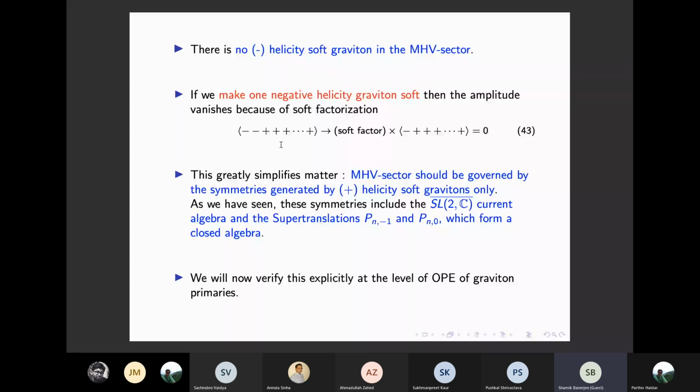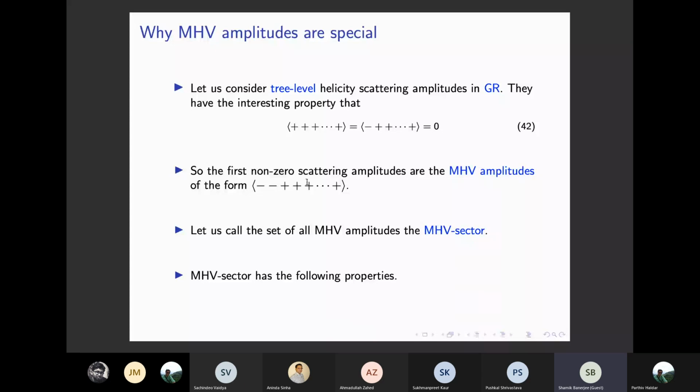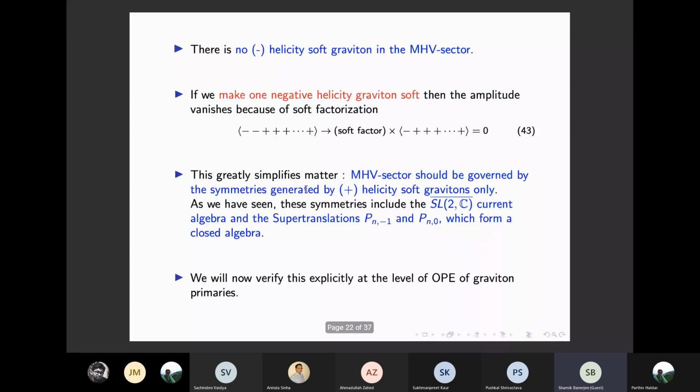Now this greatly simplifies things, because we know that this set of MHV amplitudes should be completely governed by this SL2C bar current algebra and the super translations of this form, which again form a closed algebra.